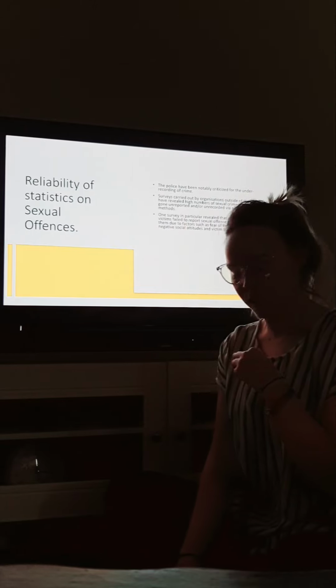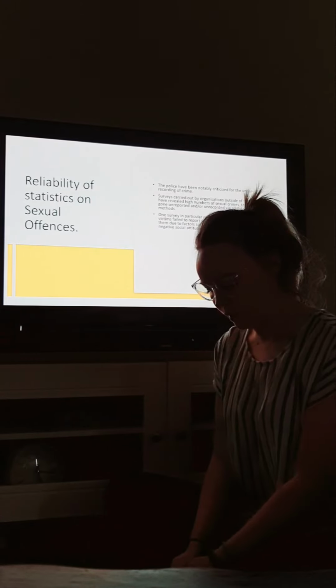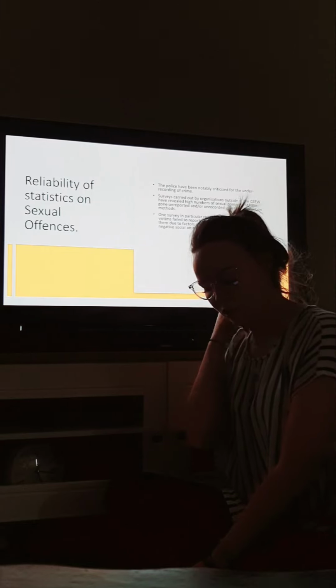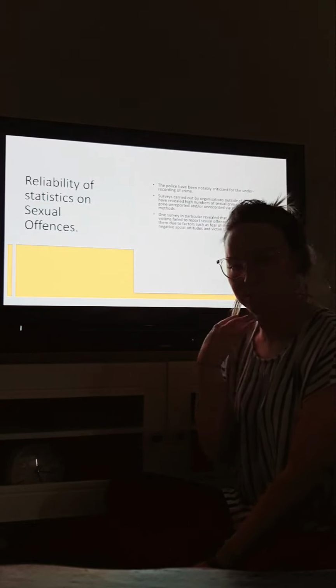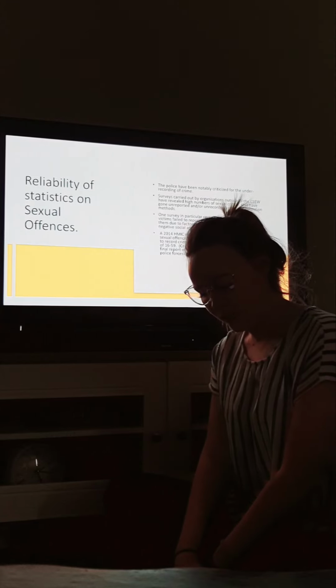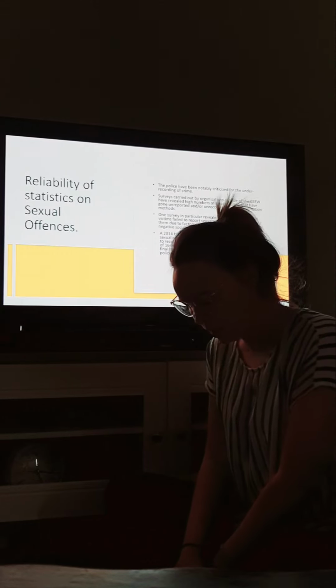One survey in particular revealed a high number of victims failed to report sexual offences committed against them due to factors such as fear of the perpetrator, shame, negative social attitudes, and victim blaming. A 2014 HMIC report discovered approximately 26% of sexual offences were under-recorded.